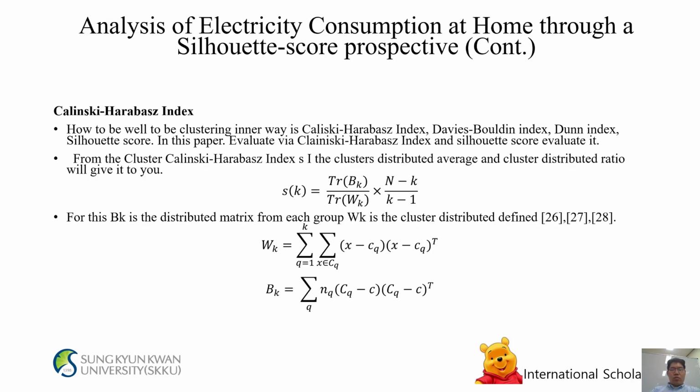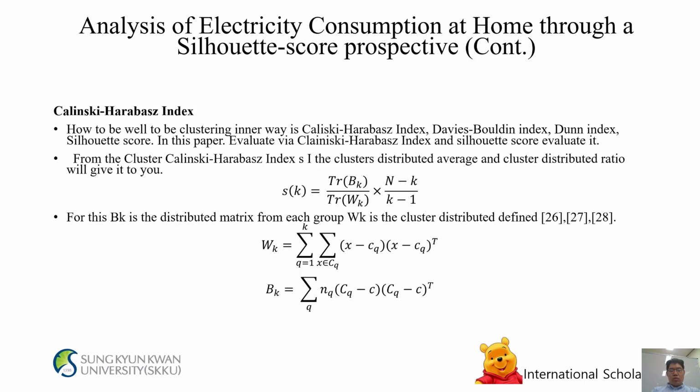Analysis of electricity consumption at home through a silhouette score perspective continues. How to evaluate clustering: the Calinski-Harabasz index, Davies-Bouldin index, Dunn index, silhouette score. In this paper, we evaluate via the Calinski-Harabasz index and the silhouette score. For the Calinski-Harabasz index, the between-cluster dispersion mean and the within-cluster dispersion ratio give s = Tr(Bk)/Tr(Wk) × (N - k)/(k - 1). Bk is the between-group dispersion matrix and Wk is the within-cluster dispersion matrix, references 26, 27, and 28.